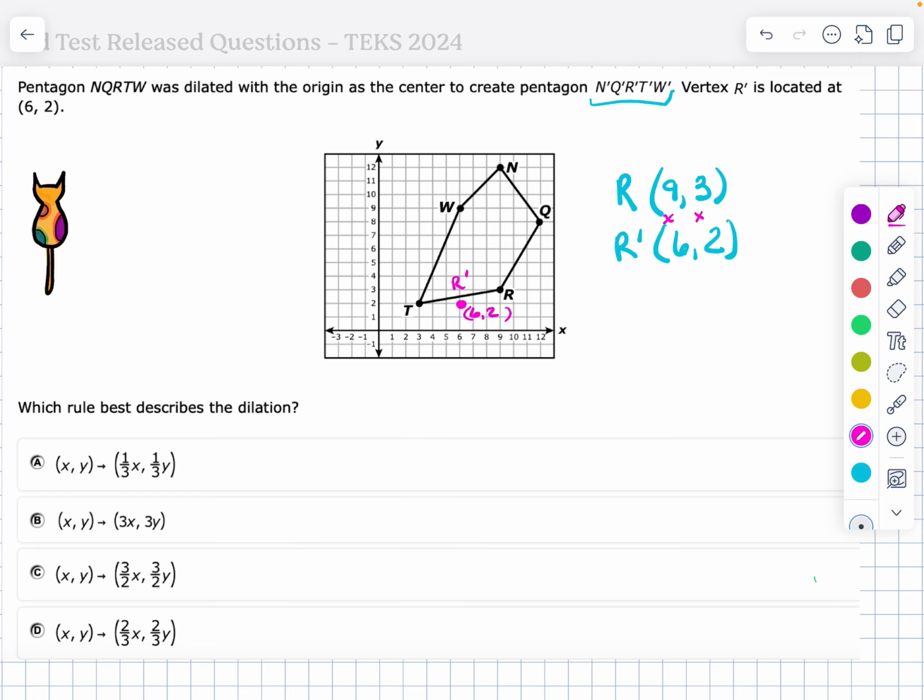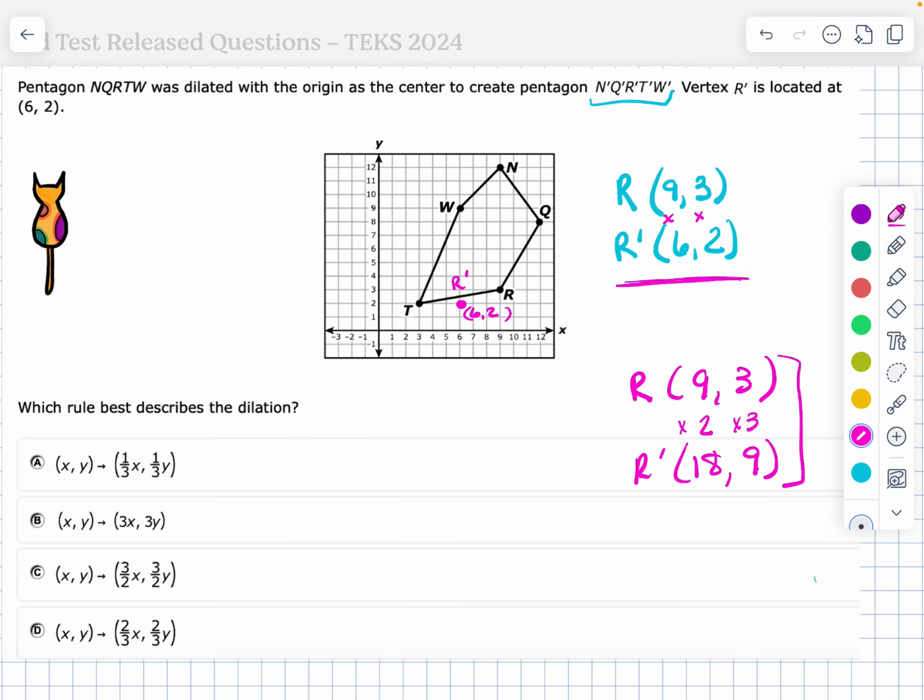Let me give you an example real quick. If R prime was (18, 9), I need to multiply x by 2 to get 18, and then y, 3, by 3 to get 9. This one is easy to see, but we've got this right here.